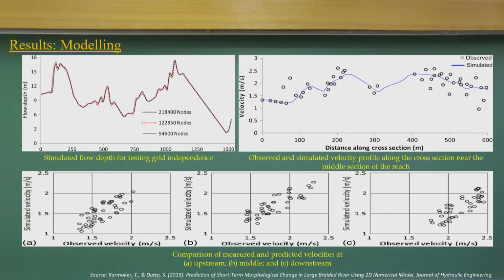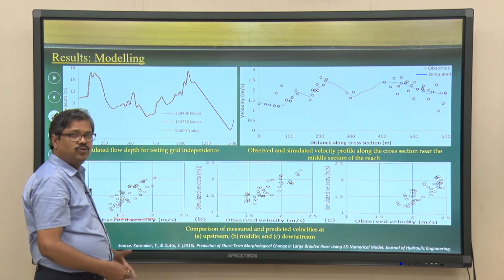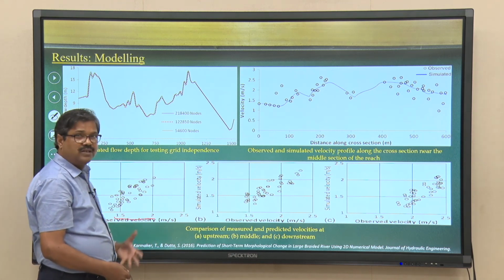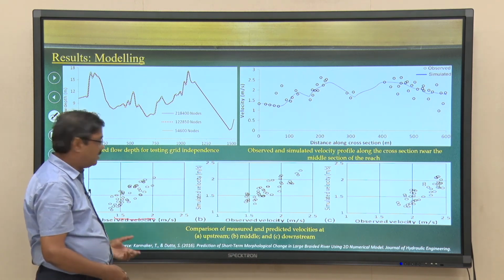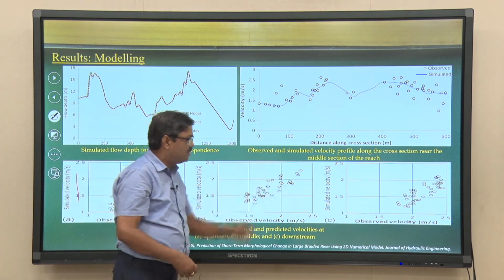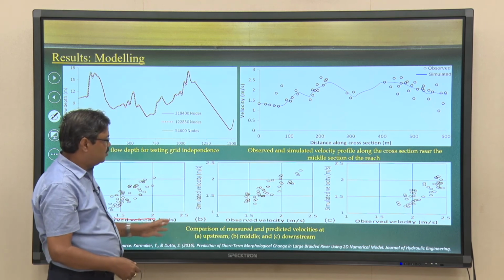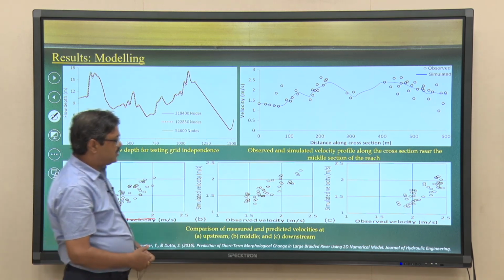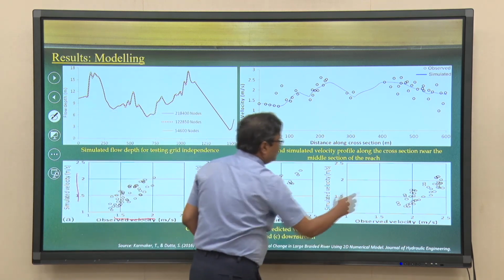Looking at the next part, the velocity ranges from 1 to 2 meters per second, and the simulated velocity is within the range, but there is scatter. There is uncertainty in velocity measurement in the field. Also, in the river models, where we consider turbulent structures and all, there is a certain degree of uncertainty, and that is the reason you have the scatter plot. But more or less, the velocity predictions are fairly good.